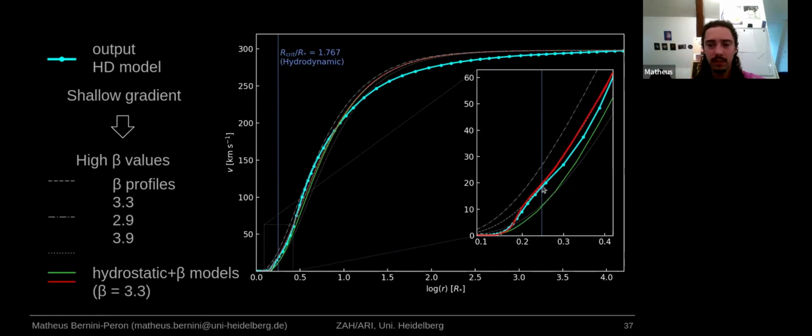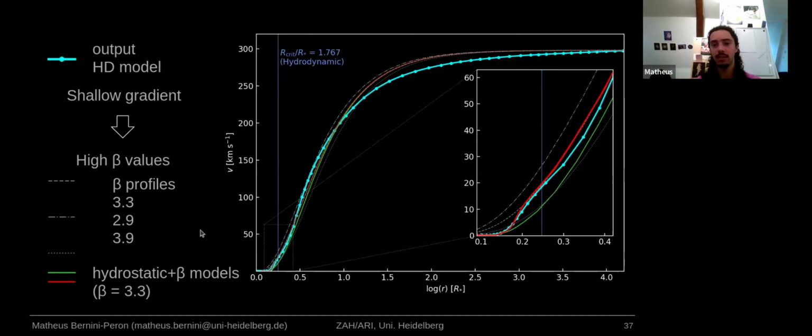In the inner part, this setting seems to reproduce well what a consistent modeling predicts. The green doesn't match really well. What exactly is the difference between the red and the green? All of them, blue, red, and green, have the same stellar properties, and the red and the green also have the same beta values.